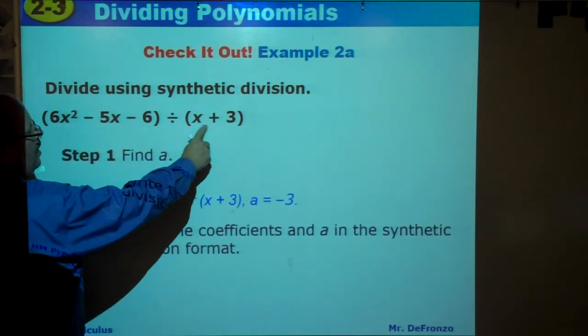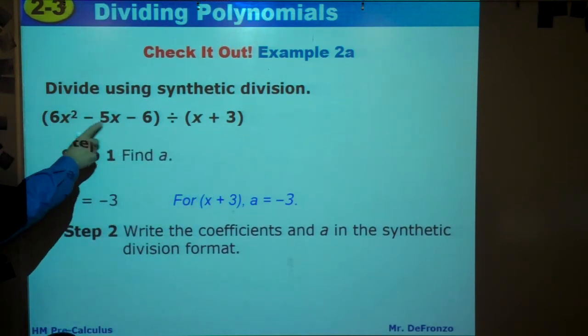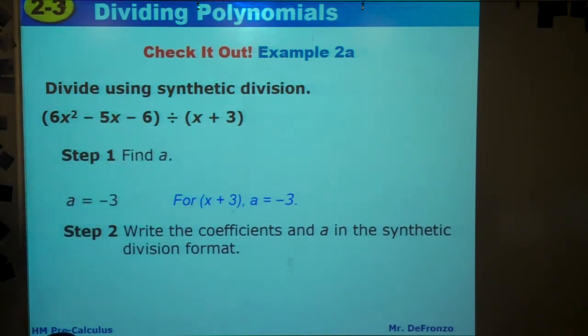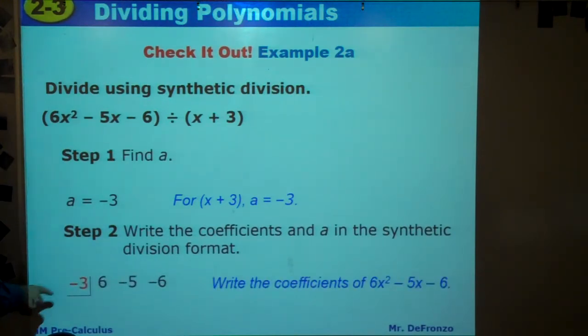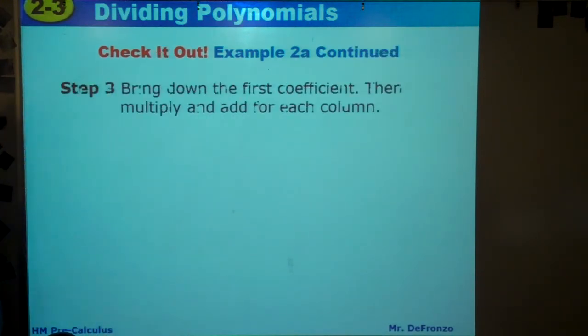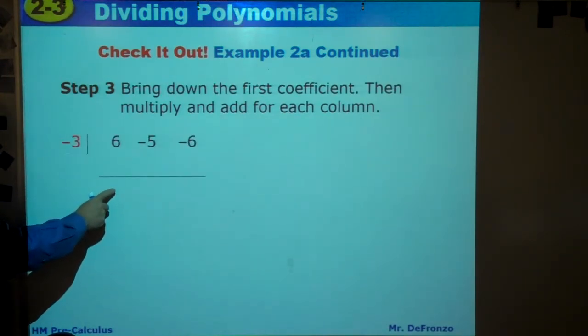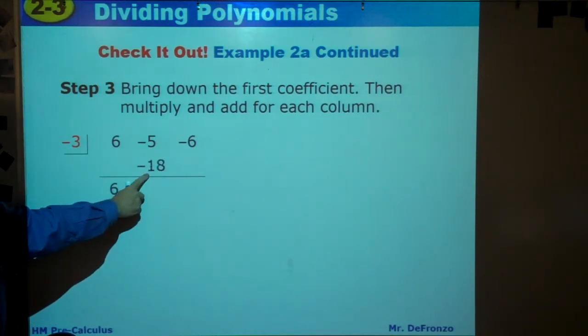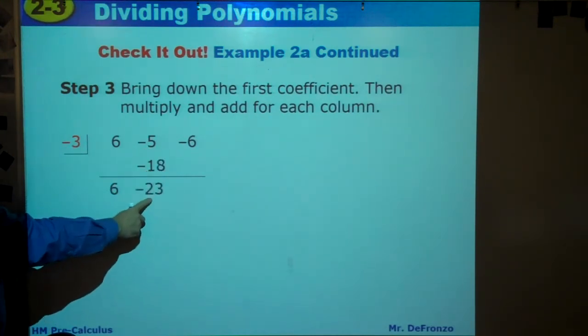Again, find a. a is negative 3. We've got all of our terms in order, no missing terms. We set it up, negative 3, 6, negative 5, negative 6. Okay, drop the 6 down. Negative 3 times 6 is negative 18. Combine, negative 23.